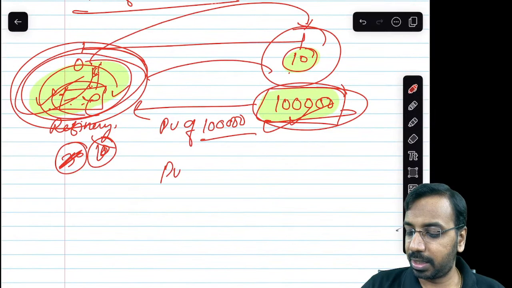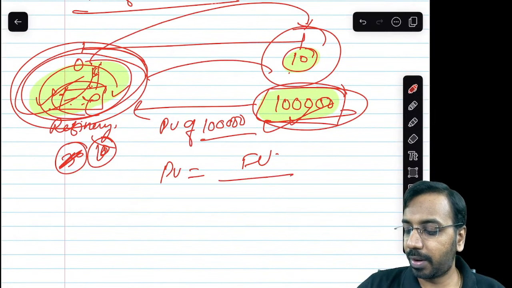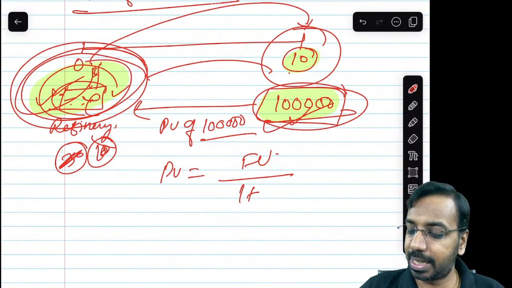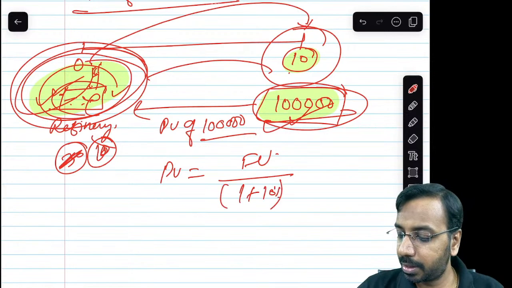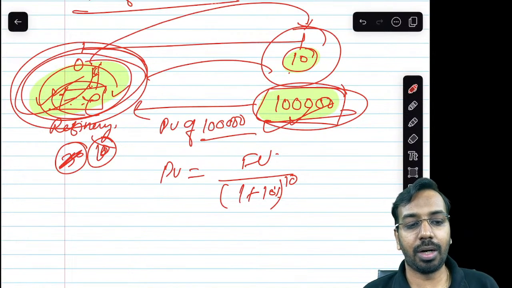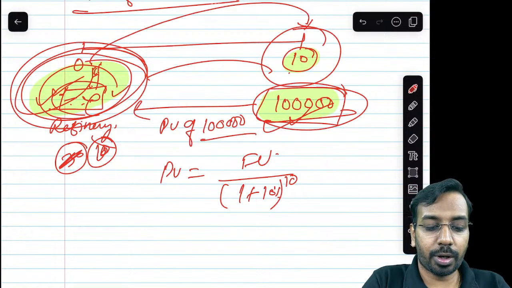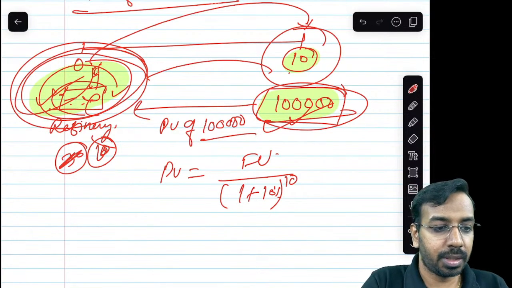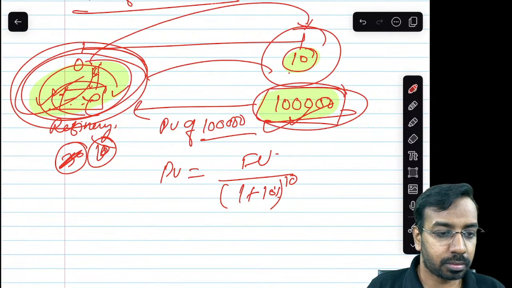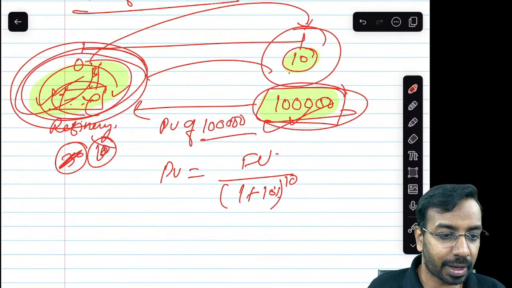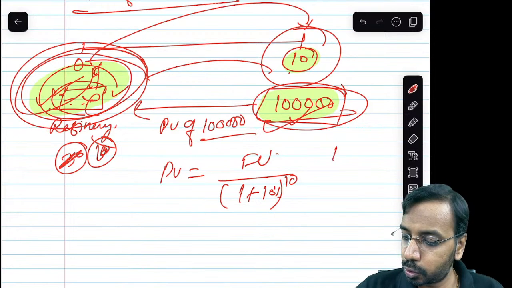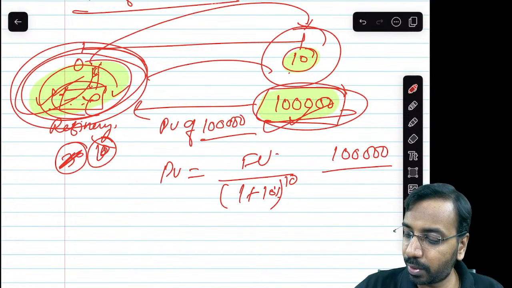Now present value is equal to future value divided by 1 plus rate of interest, let us say 10%, to the power of 10. So you can take a calculator. 1.1 multiplied 10 times. So 1.1 to the power of 10, we get 2.5937.